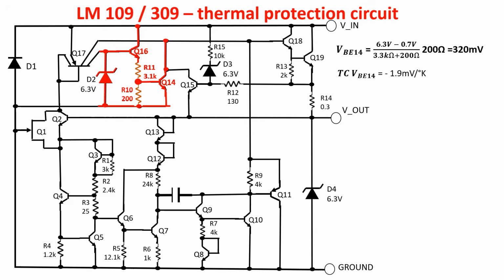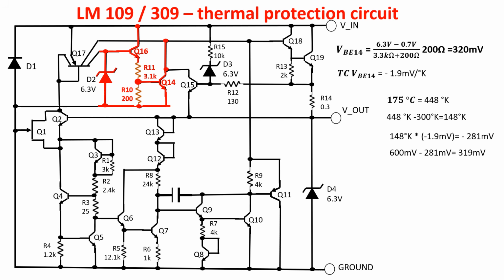But as the temperature raises, the voltage at which Q14 turns on decreases by 1.9 mV for every degree. So at 175 degrees Celsius, corresponding to 448 Kelvin, the switching voltage is 390 mV, and it is equal to the fixed 320 mV dropping on R10.